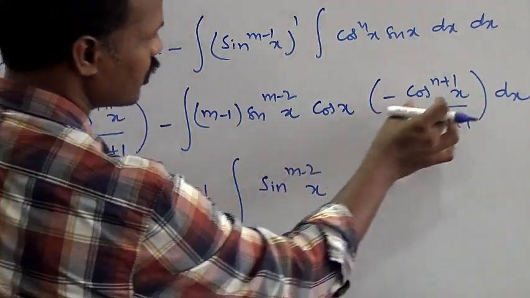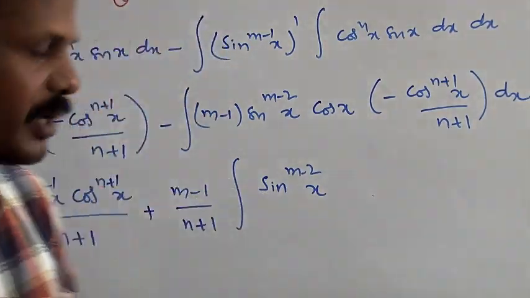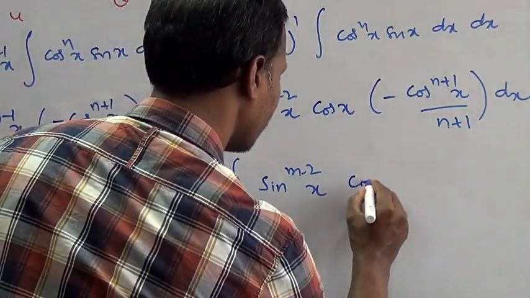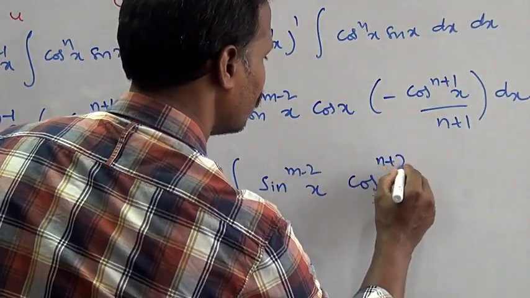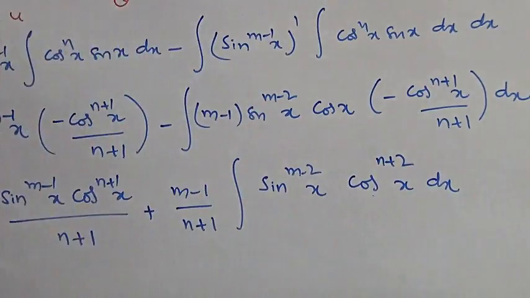Now this is cos x into cos^(n+1) x, a power m into a power n is a power m plus n, so cos^(n+2) x dx. Okay.